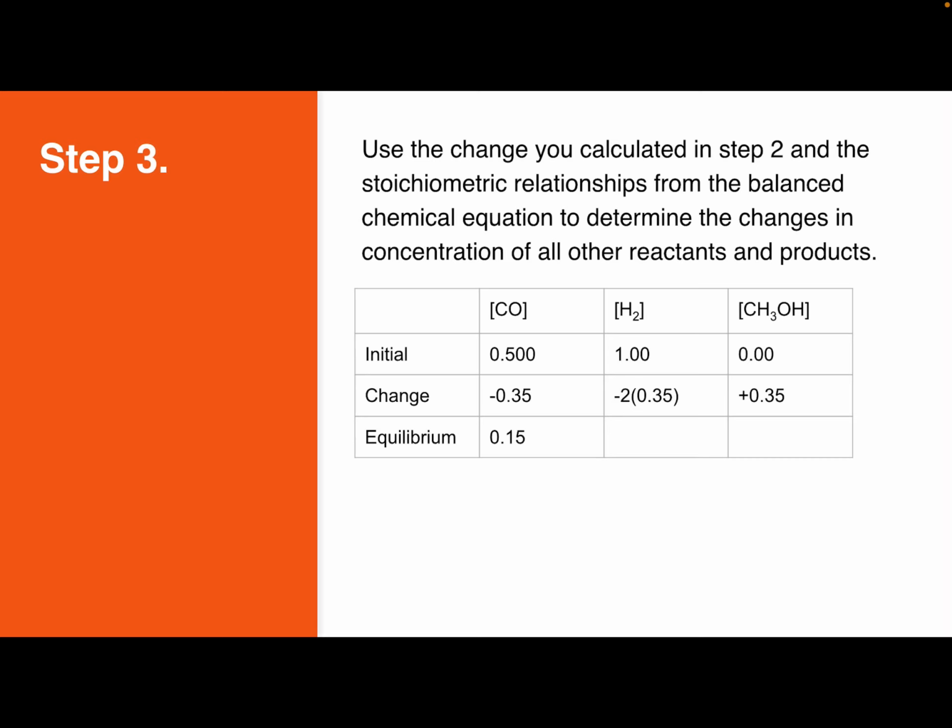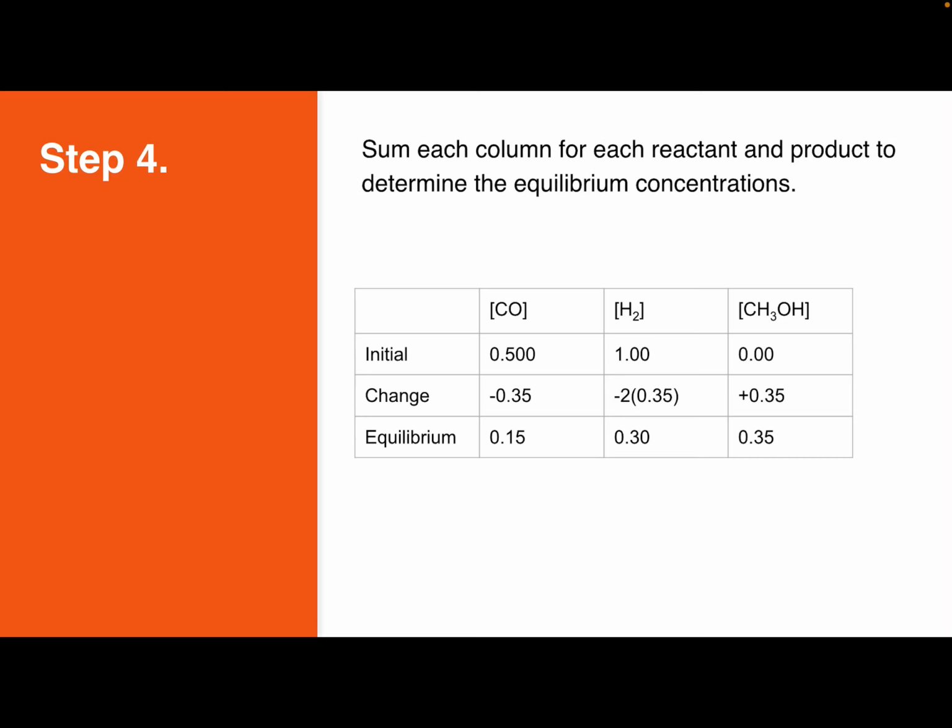Now all you got to do is the math. So if you subtract 0.70 from 1, because 2 times 0.35 is 0.70, you get 0.30 left over. And then 0 plus 0.35 is 0.35.